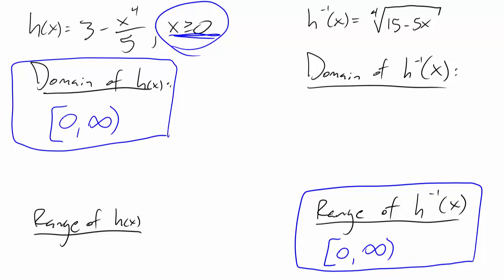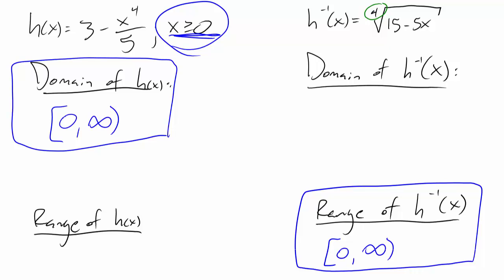So now we turn our attention to h inverse of x, which is the fourth root of 15 minus 5x. You may have also written it as negative 5x plus 15, and that's fine as well. So again, we want to look for what sorts of things are problematic for us in this function here. And the big issue for us now is that even index of 4 for the radical.